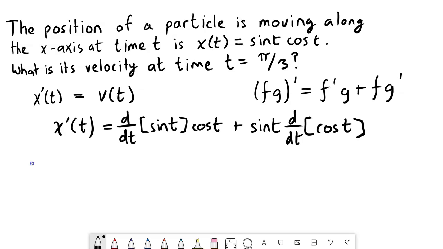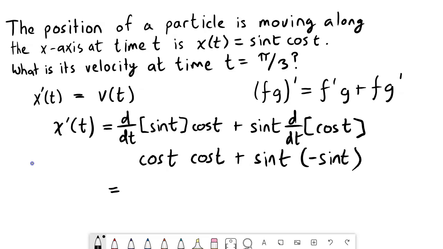Now we can easily just evaluate these derivatives, right? This is cosine t from our rules, and then this is just sine t, and this is just negative sine t. In other words, it's cosine squared t minus sine squared t.